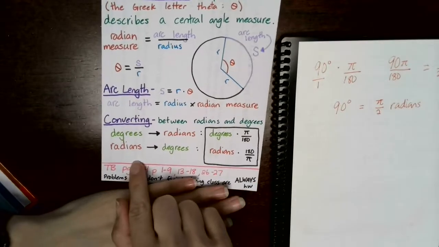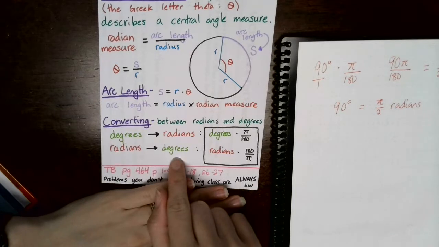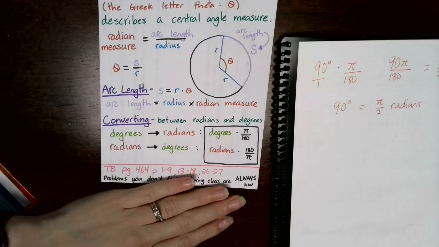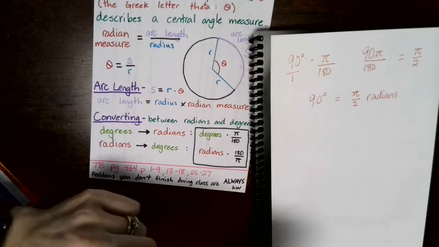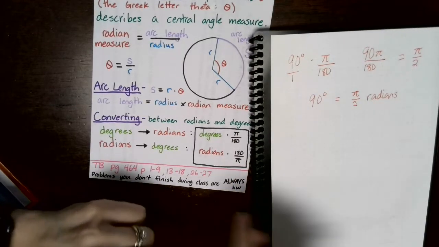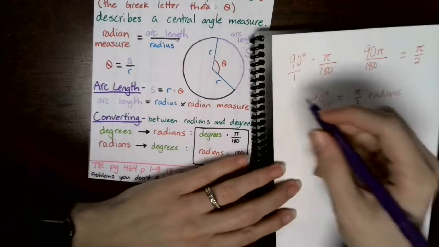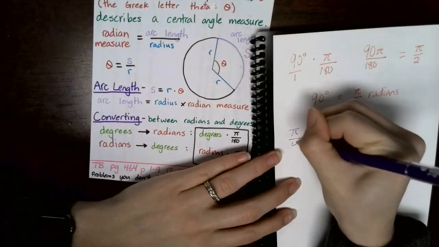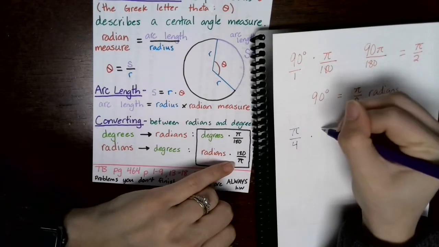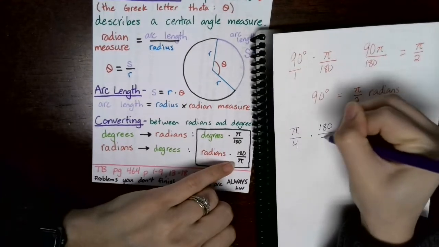Now, what if we wanted to go from radians to degrees? Well, most of the time radians have pi. Sometimes they don't, but most of the time they do, okay? So for most of the time that they do, I would have, let's say, pi over 4 radians. Let's see what that is. I would multiply it by 180 over pi.